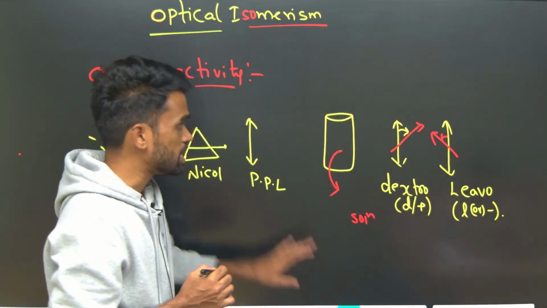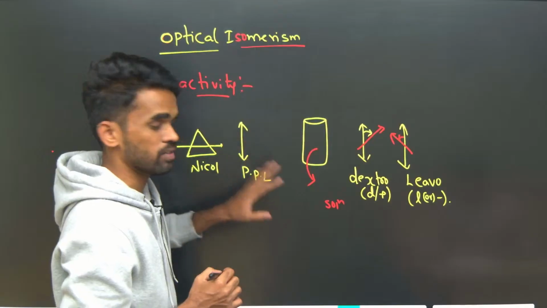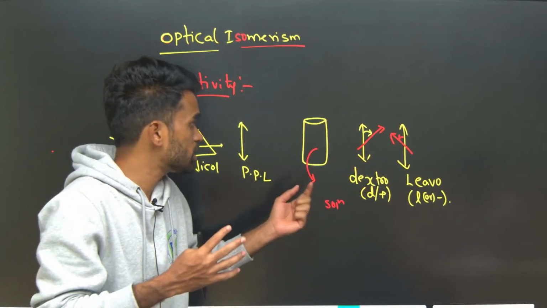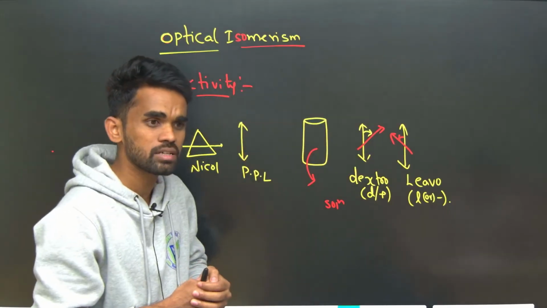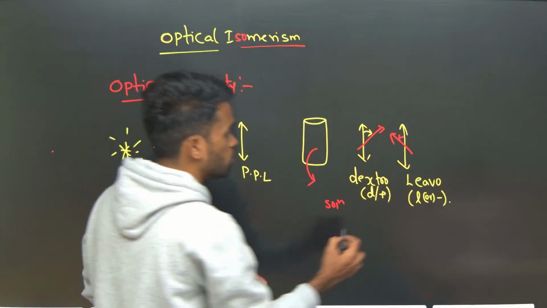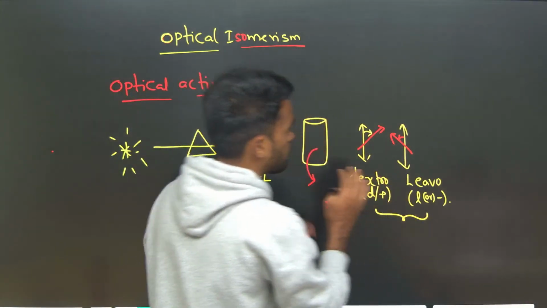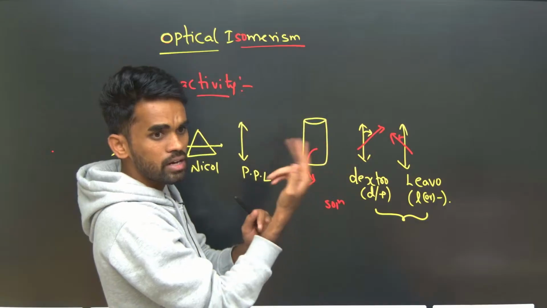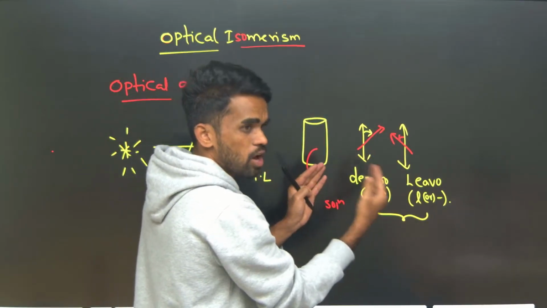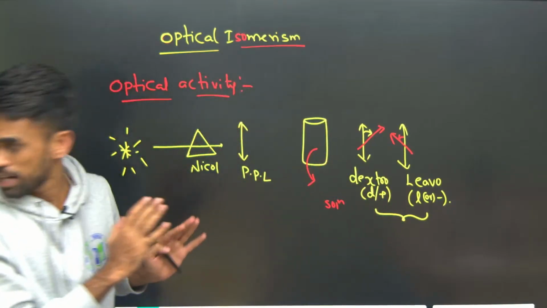So these are the two things you can understand here: dextro-rotatory and levo-rotatory. If a solution is not rotating plane polarized light, it is not optically active. If it is optically active, the plane polarized light will be rotated either clockwise, which is dextro, or anti-clockwise, which is levo. Is this clear or not?